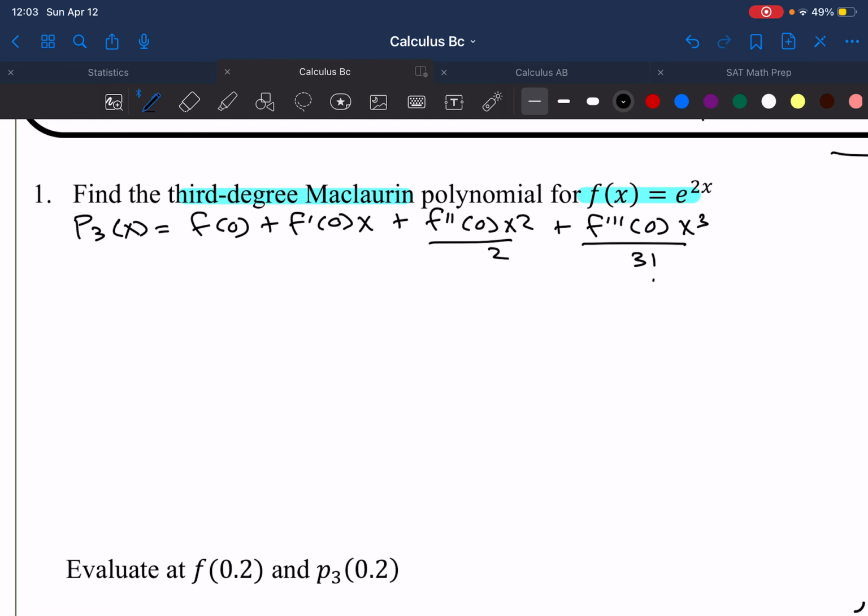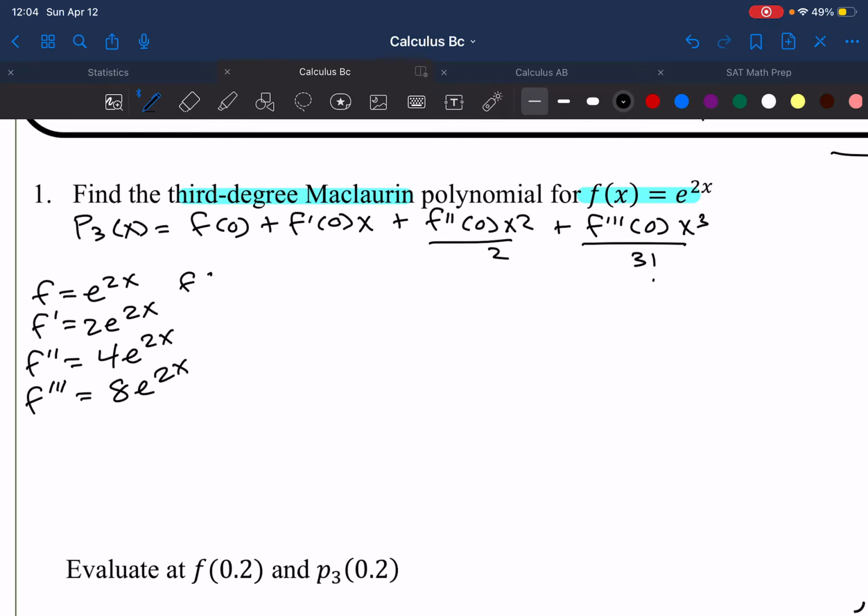And so now I just need to plug everything in. In order to do that, I need to find my first 3 derivatives. Well, f is equal to e to the 2x, so f prime is 2e to the 2x, f double prime is 4e to the 2x, and f triple prime is 8e to the 2x. And then if I plug in 0 for each one, f of 0 is 1, f prime of 0 is 2, f double prime of 0 is 4, and f triple prime of 0 equals 8.